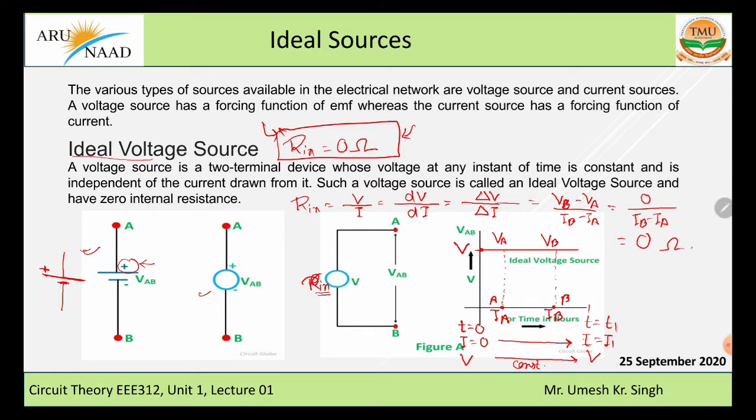This is the reason: as we have 0 volt, if we have 2 points A and B, we can short circuit this using thick wire, not thin wire, because thick wire has less resistance, and ideally we are assuming it as 0.